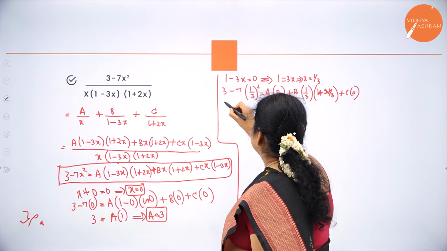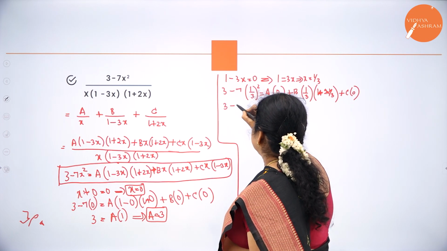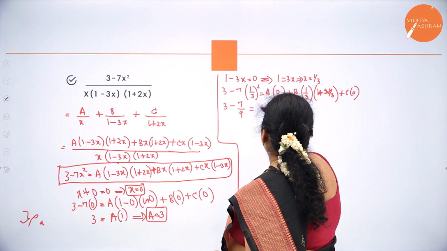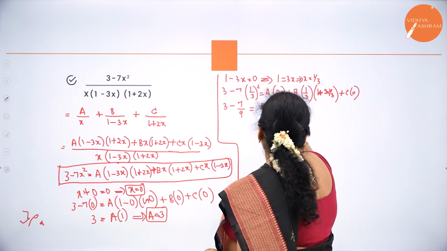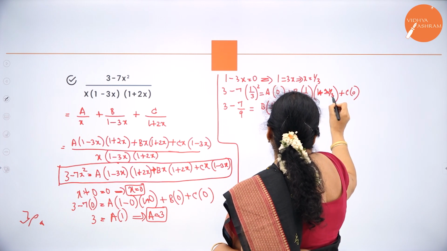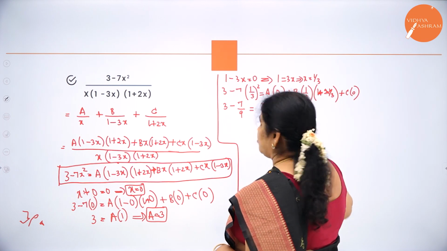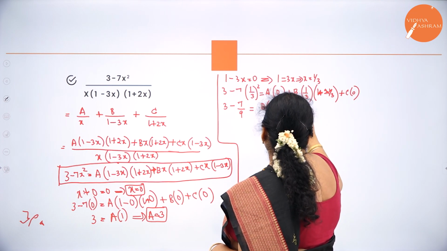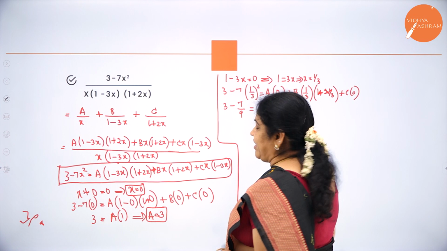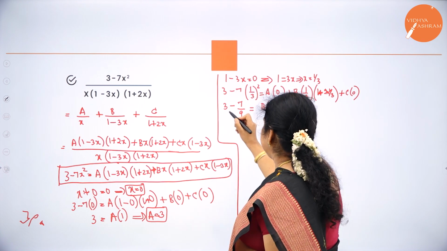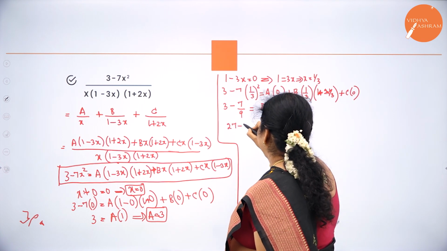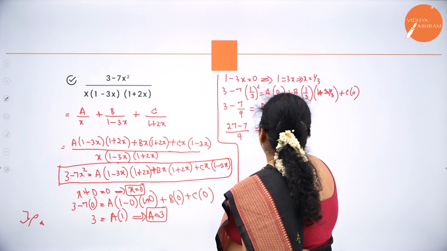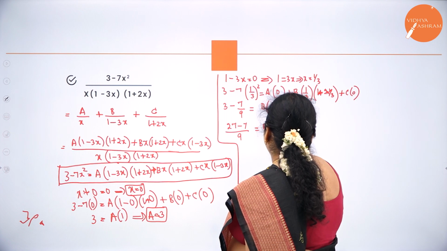So if I simplify this, this will become 3 minus 7 by 9 equals, we have only this B into 1 by 3 into, LCM, children, 1 plus 2 by 3. So what is 1 plus 2 by 3? You take LCM, this will become 5 by 3. Now here LCM, 27 minus 7 by 9 equals B into 5 by 9.